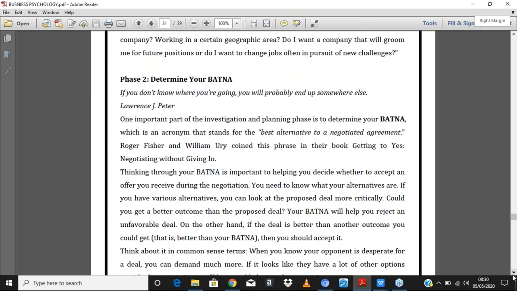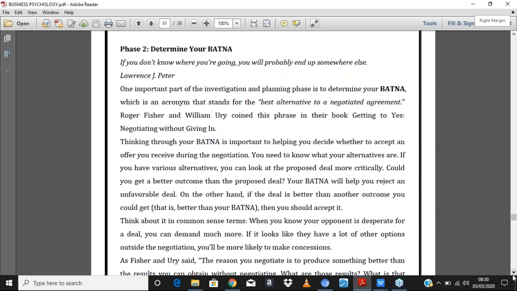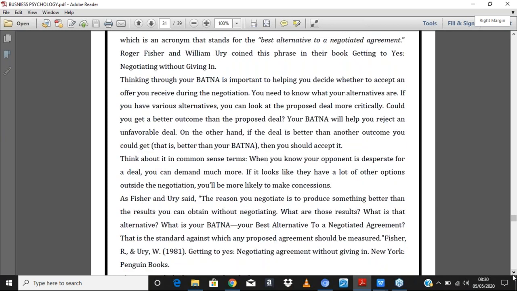You need to know what your alternatives are. In other words, what can I go for? If they offer me this, am I going to accept? Or if they say they are not going to accept, what other offer can I bring on the table? So your BATNA will help you to reject an unfavorable deal. Okay, think about it in these ways. When you know your opponent is desperate for a deal, you can demand much more. All right.